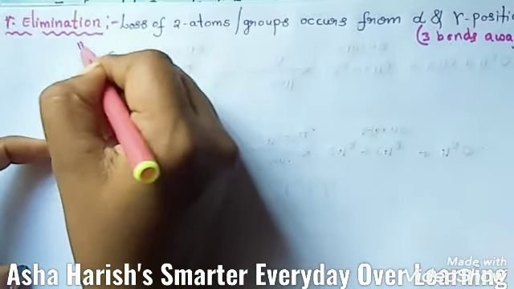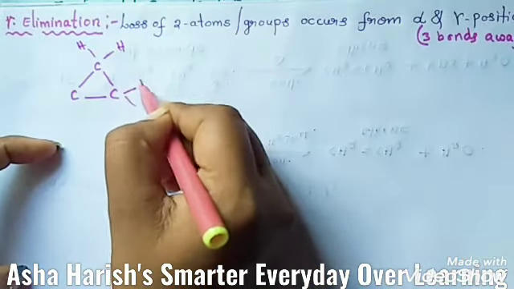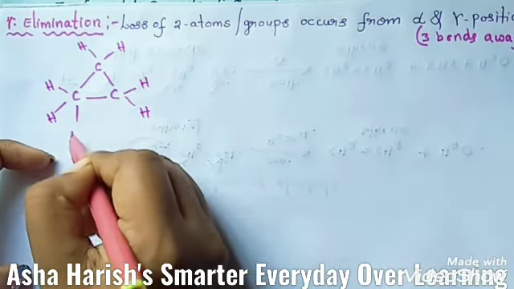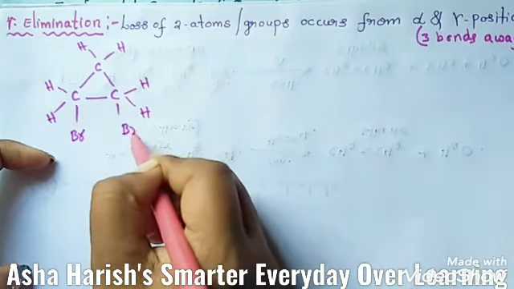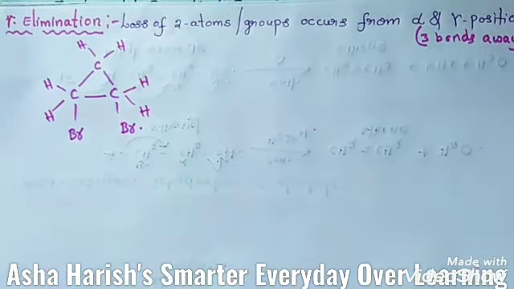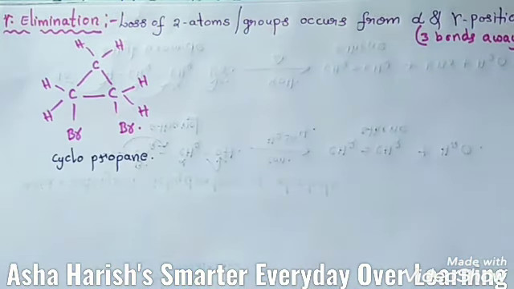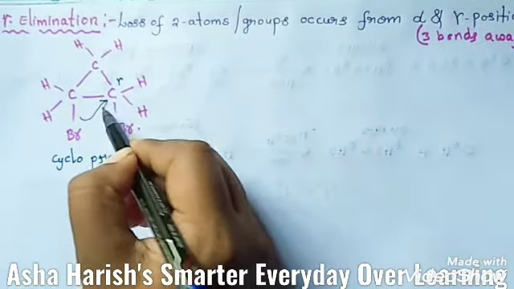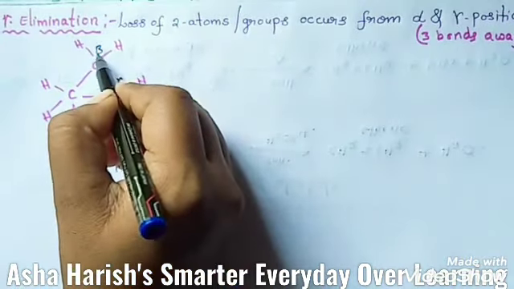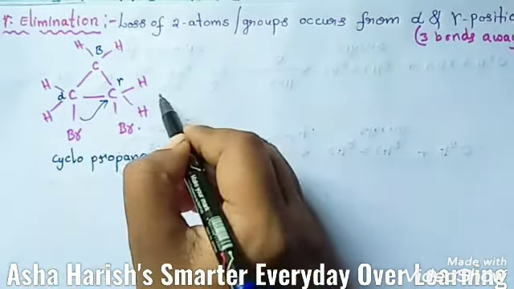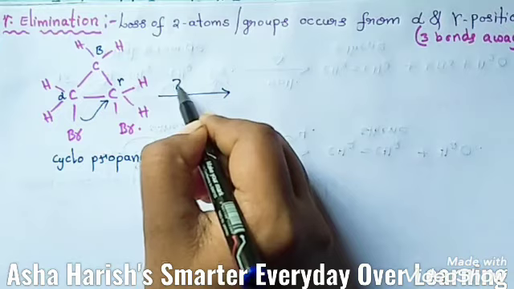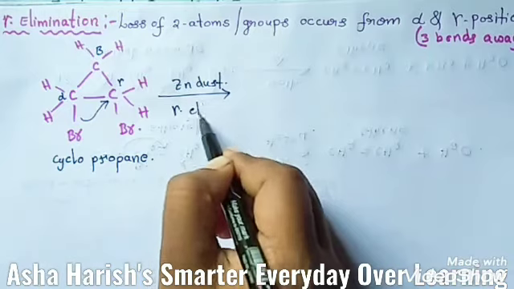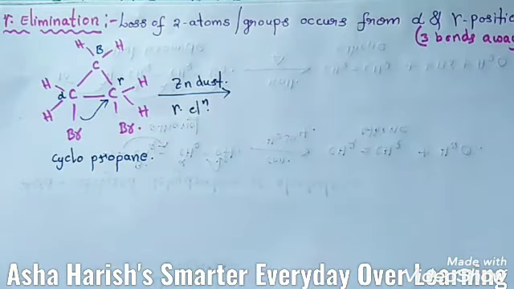So here are the hydrogens, here also 2 hydrogens, and here 1 bromine and here 1 bromine. So the name of this compound is cyclopropane. The attack should be done towards this gamma position carbon, and here is the beta one and here is alpha. And students, in the presence of zinc dust, what is the final product?